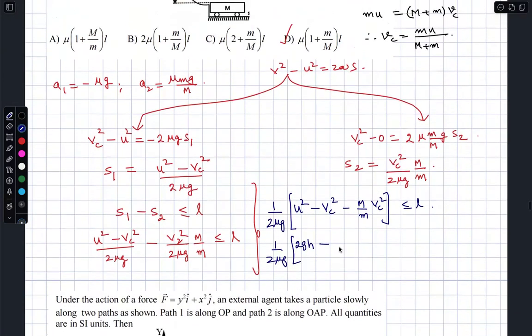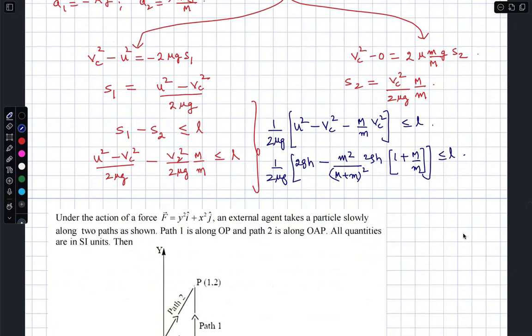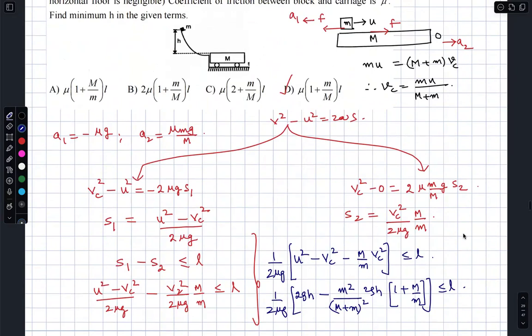VC square means m square by capital M plus small m square. Again U square is 2GH times 1 plus capital M by small m less than or equal to L. I think you just need to solve this. You'll get the desired answer for this. Right.